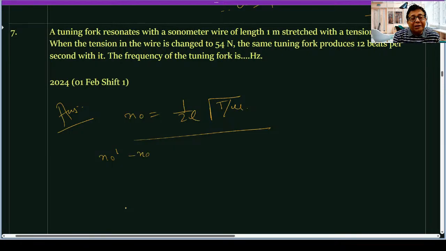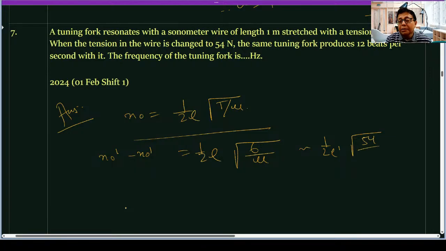So N0 minus N0 dash will be, initially how much was there? 1 by 2L root 6 by mu. This one is larger, no? Next one, so we have to keep a space over there. 1 by 2L dash root 54 by mu.